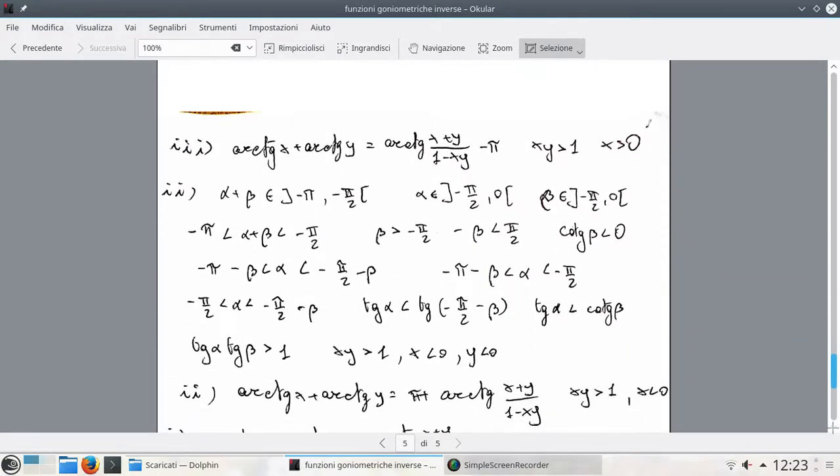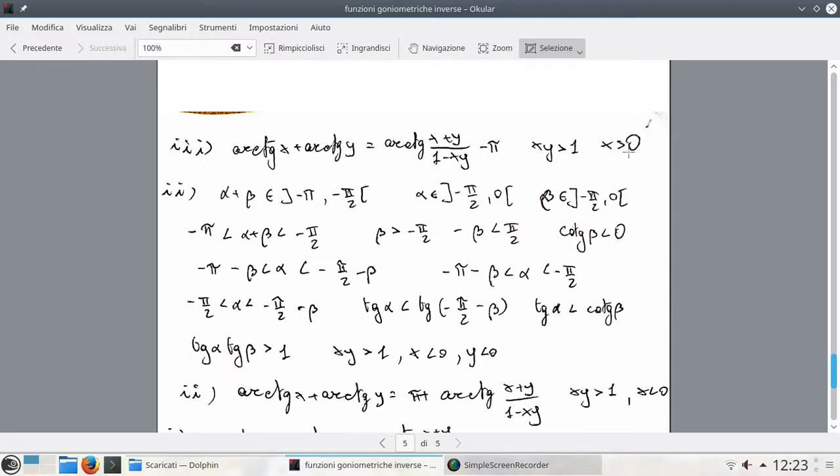Okay, so we can rewrite III: arctangent x plus arctangent y equals arctangent of x plus y over 1 minus xy, minus pi, with xy greater than 1 and x positive.